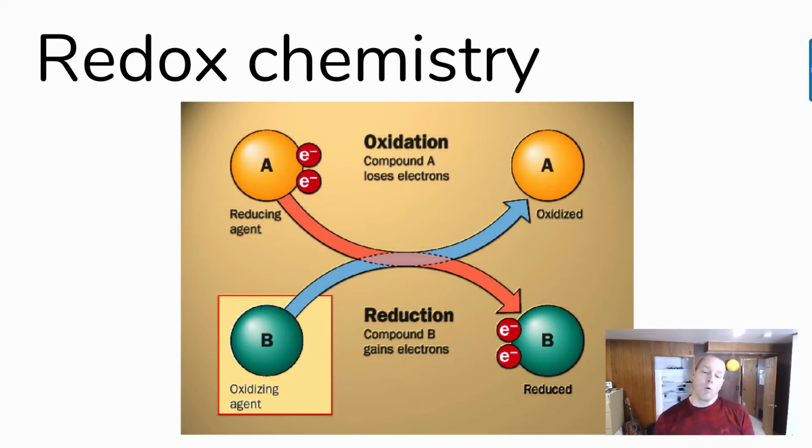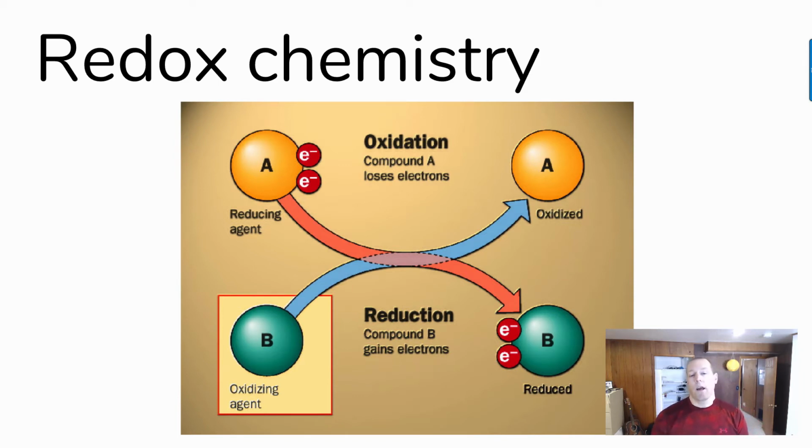Now a molecule which takes electrons, pulls electrons from another molecule, the reducing agent, is called the oxidizing agent. So in this diagram, A is the reducing agent because it is reducing B. That is to say that it is giving electrons to B, and B is pulling electrons from A, and so B is the oxidizing agent.